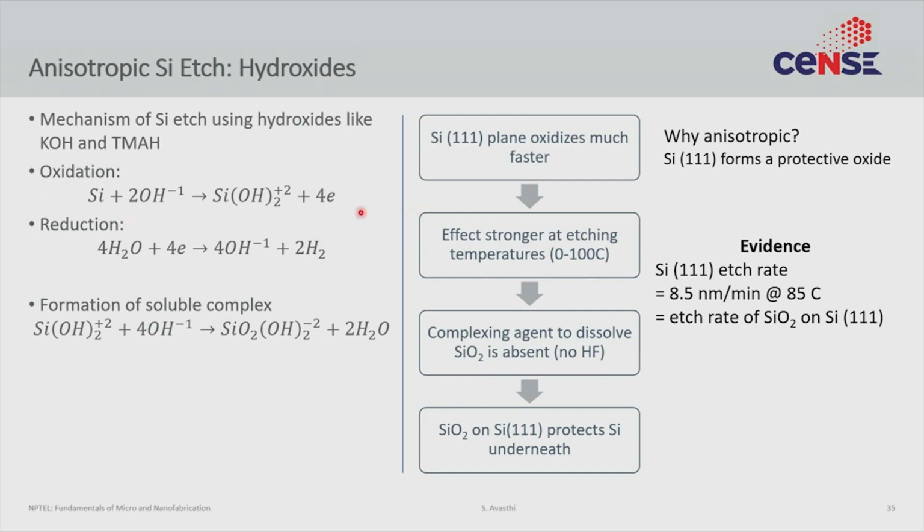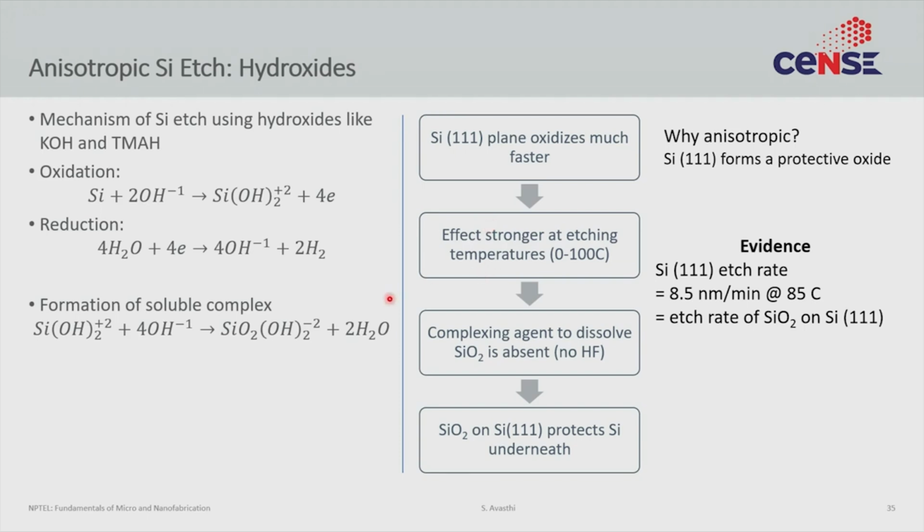Fundamentally, this is an oxidation reaction. So what is happening to the silicon that you are etching is that it's getting oxidized, and at the counter domain, something is getting reduced. What is getting reduced? In this case, water. It so turns out that the rate at which the silicon 111 plane oxidizes is much faster, and what that does is it forms a silicon dioxide layer, and that silicon dioxide layer then protects the underlying silicon 111, thereby reducing the etching rate.